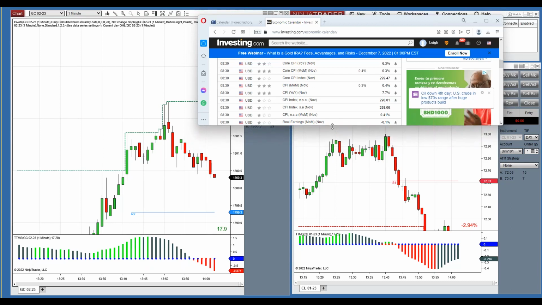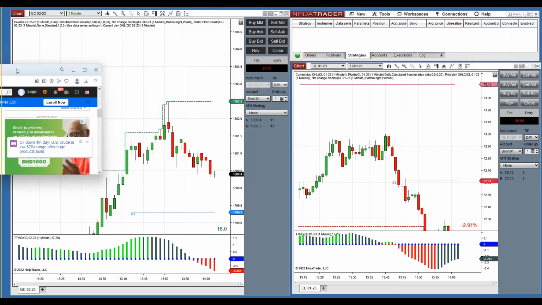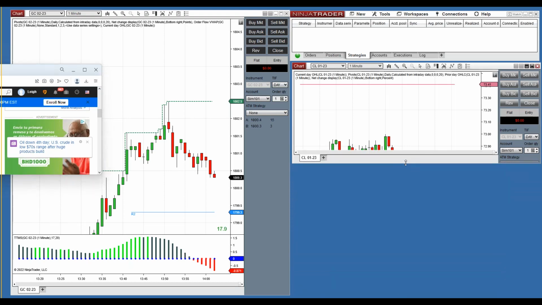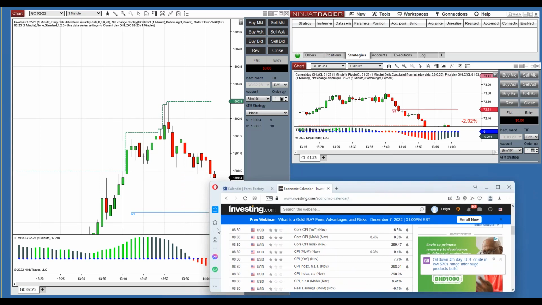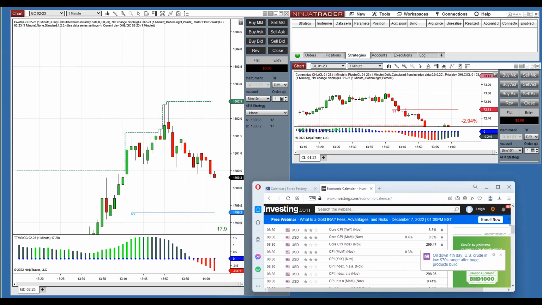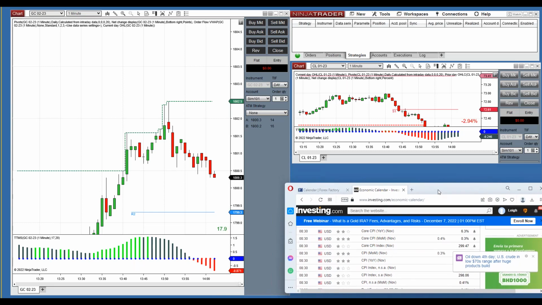There's all the news that makes up the CPI, okay? And I'm going to shrink my Ninja chart over here, okay? See how you get that arrow? It shrinks your chart. And I'm going to add investing.com over here, shrink it a little bit, make it fit really nice. Why am I going to all this trouble?